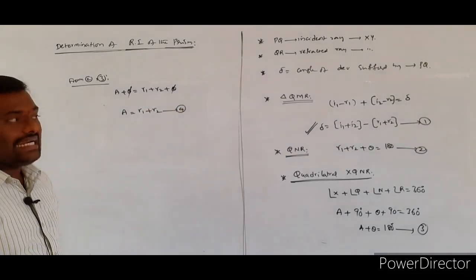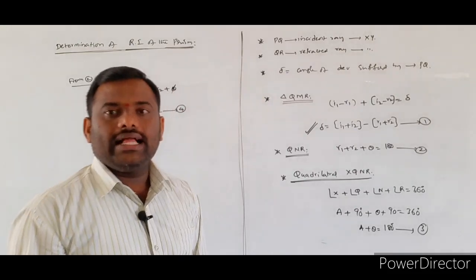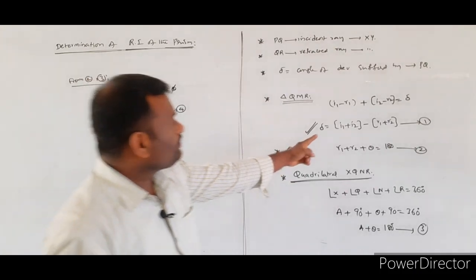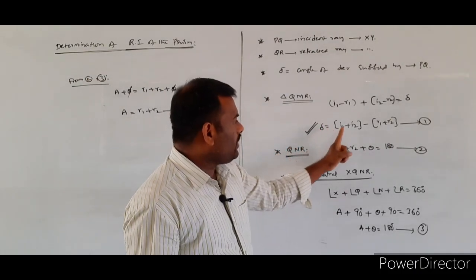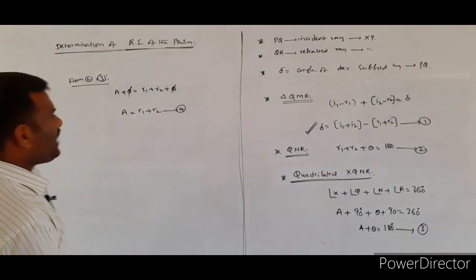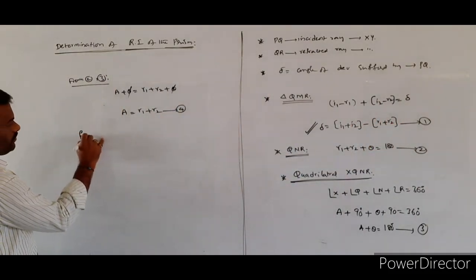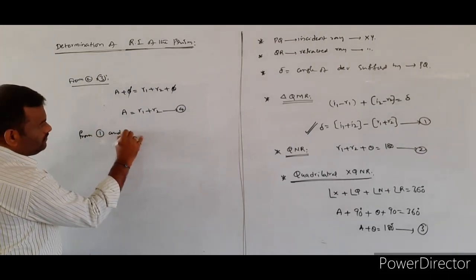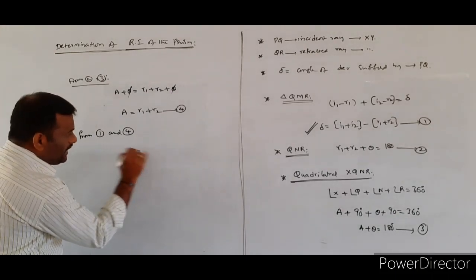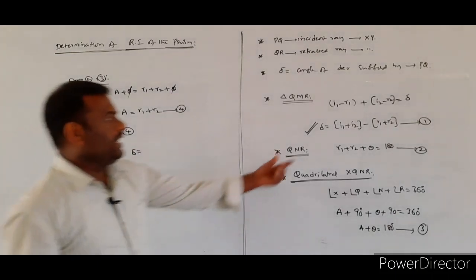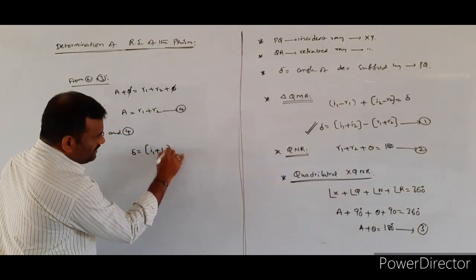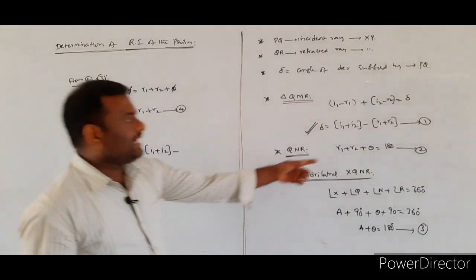So A is equal to R1 plus R2. What is A here? The angle of the prism. R1 and R2 are the refracting angles. Now, from equation 1, delta is equal to I1 plus I2 minus (R1 plus R2). So from equations 1 and 4, the angle of deviation delta is equal to I1 plus I2 minus A, in the place of R1 plus R2.